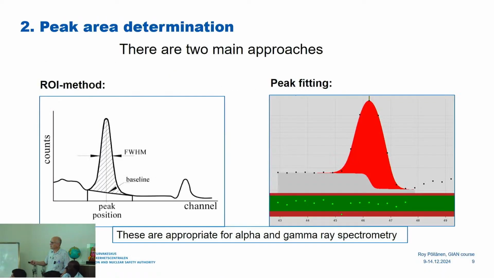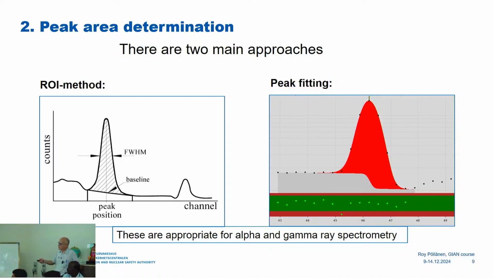Let's look at the basis of peak area determination. There are 2 basic or main approaches: so-called ROI, region of interest, and peak fitting.